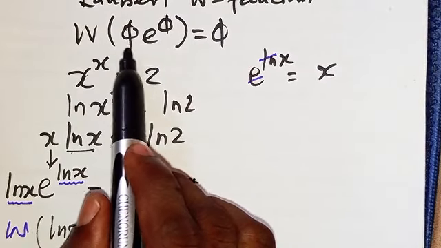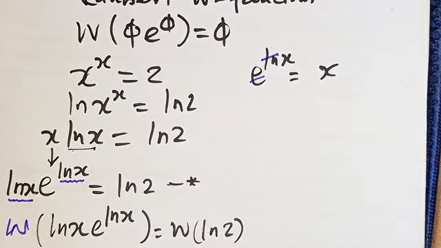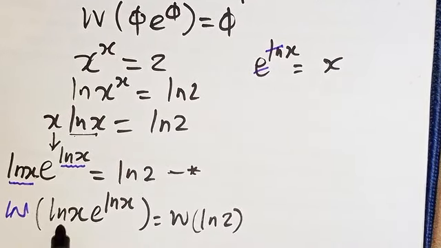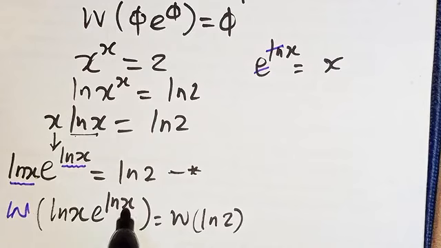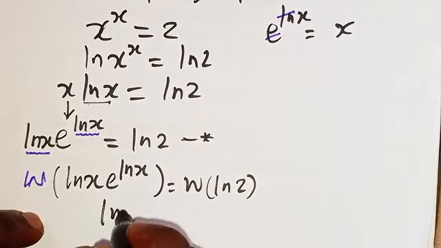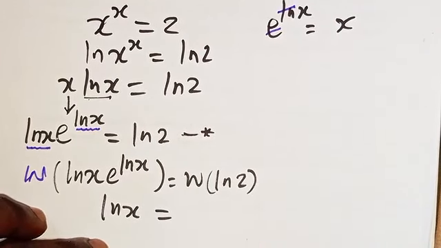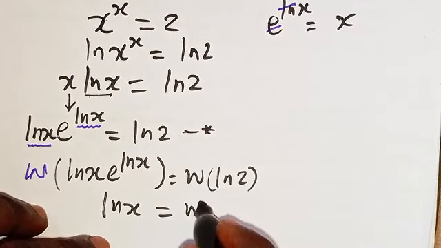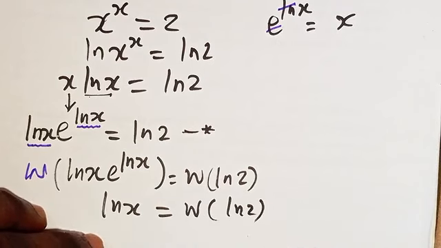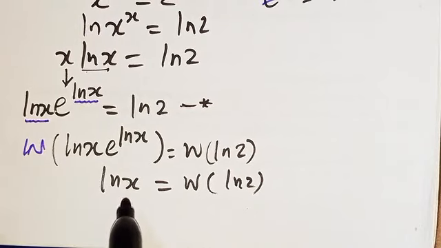When you have W of phi e to the phi, it gives us phi. The same thing here: you have ln of x, ln of x here, so definitely this will give us ln of x. You have the solution to be ln of x equals W of ln of 2. Now from here, we are not looking for ln of x. What we are looking for is x.